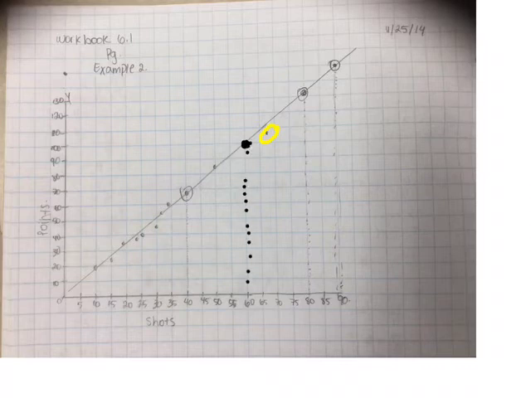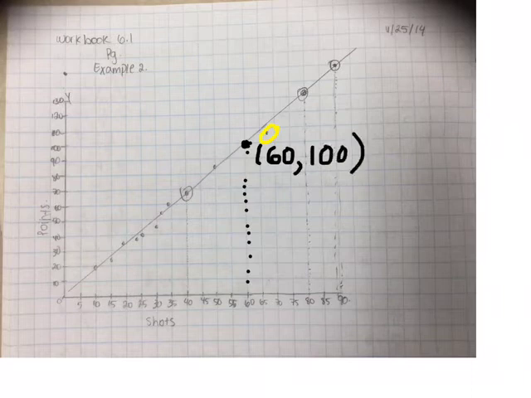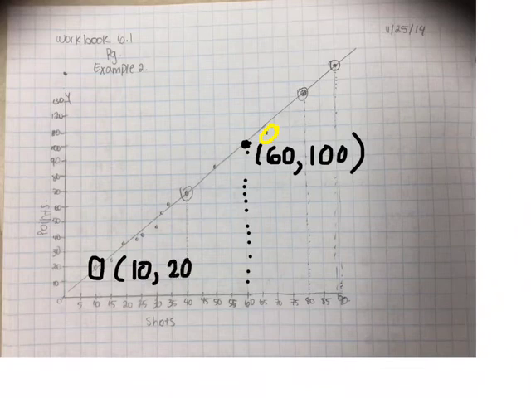This point is located at 60, 100, so it's really easy to read that point. It's not a decimal number. And this one actually happens to be a point that was plotted, and it's directly on the line, and that one's easy to read. So I'll choose this one, 10, 20.